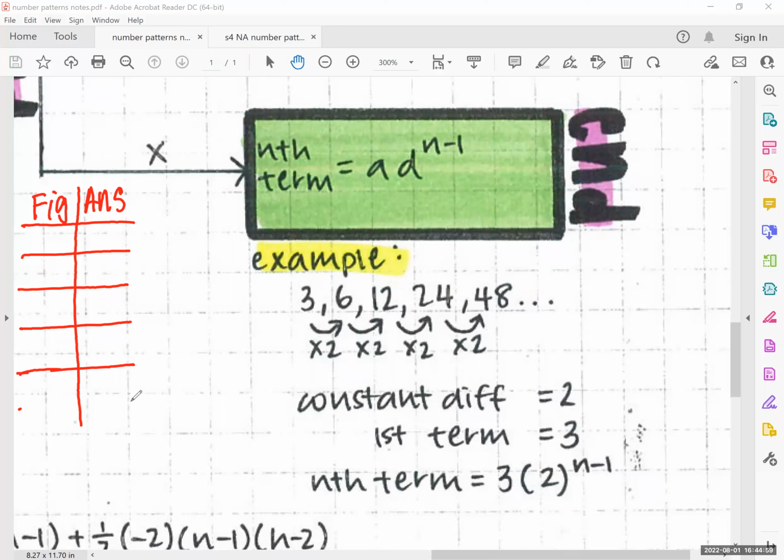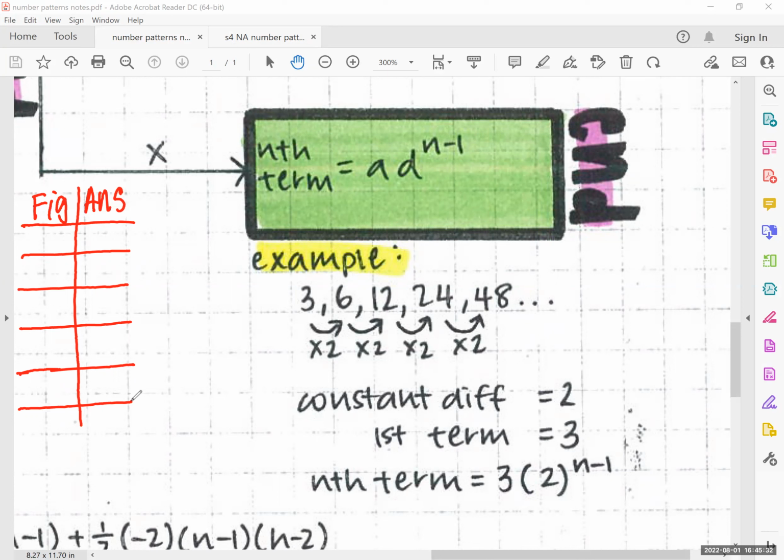What color did I use for A? Red. No, I didn't use red for A. Hey, you. What color did I use? The A is red, then the D is blue. No, the starting number I used pink. Oh. Okay.